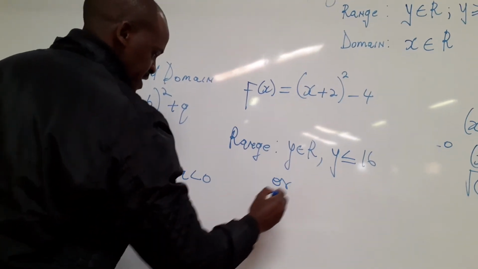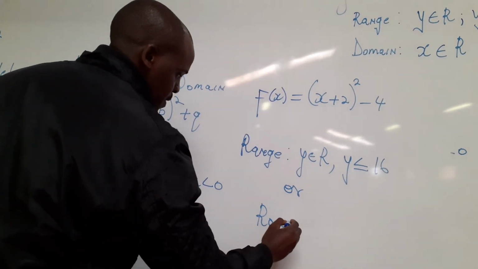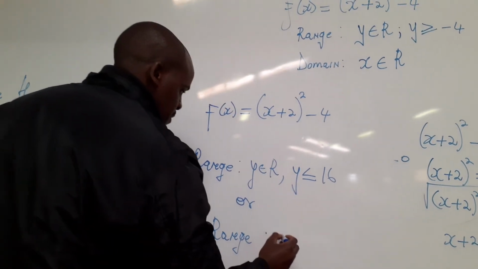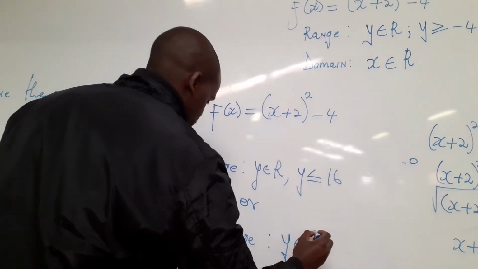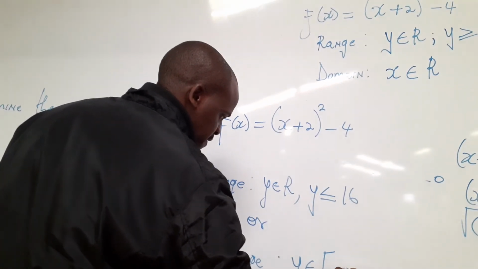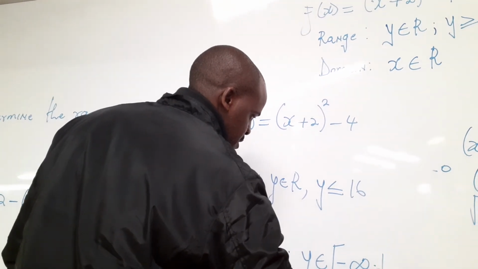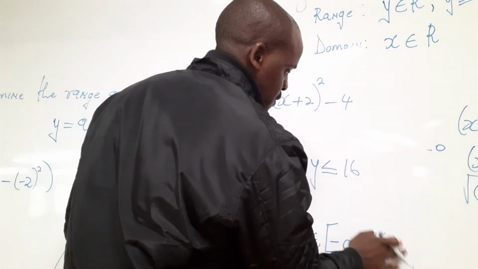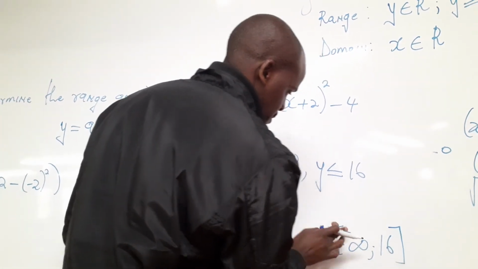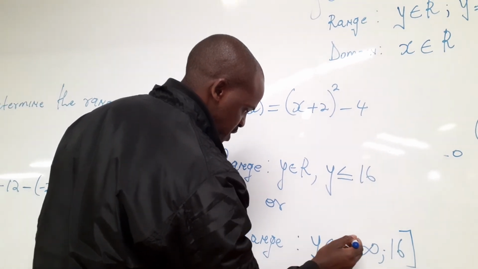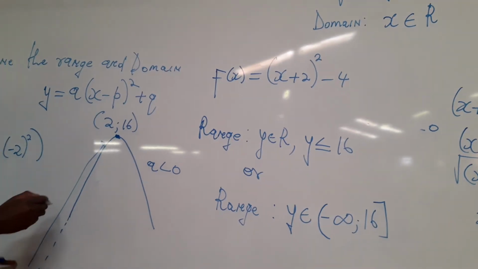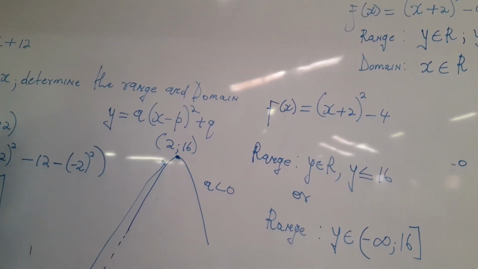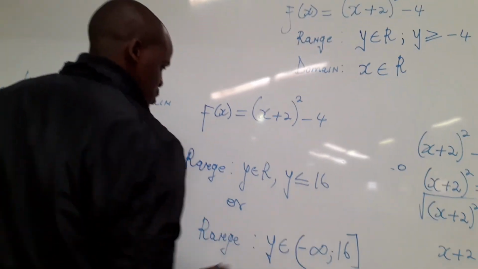Or you can write the range as y is an element of negative infinity up to positive 16. So we put a round bracket at negative infinity to include all the values that are less than 16, and there we put a square bracket.